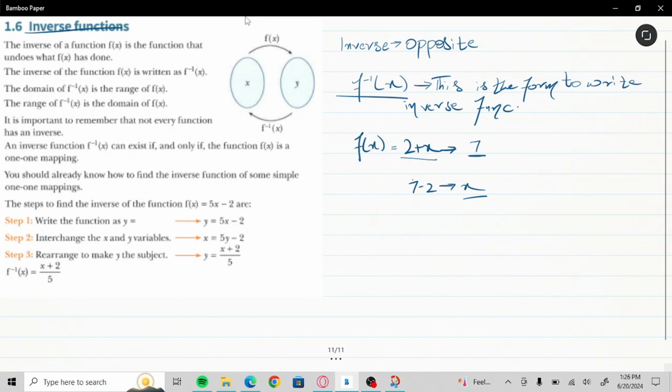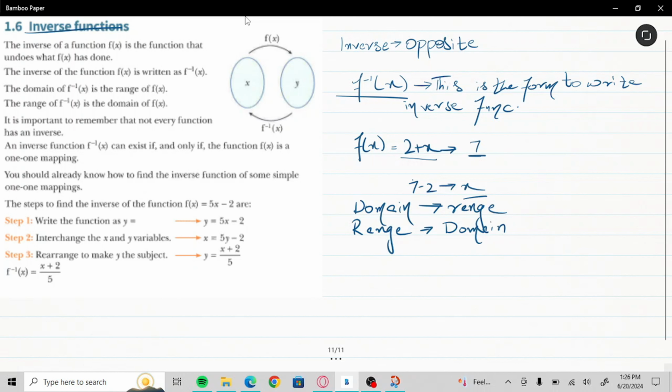That's the main concept of an inverse function. Whatever is in a function is reversed. So the domain becomes the range in an inverse function, and the range becomes the domain in an inverse function.